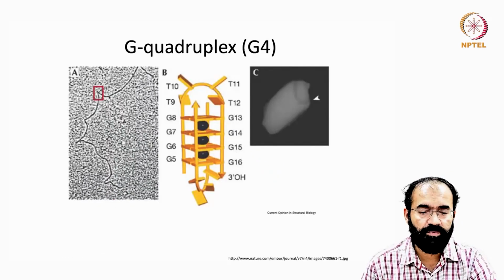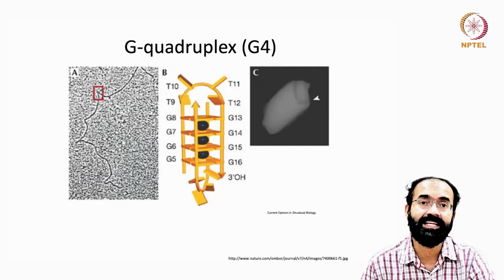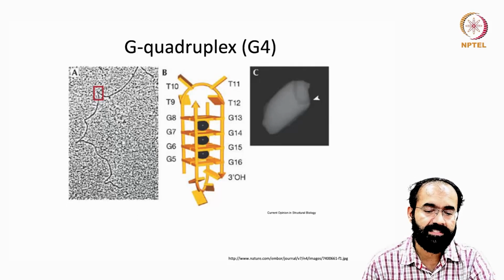The G quadruplex, if you look closely, can be visibly seen under an electron micrograph, as you can see here, and the formation is somewhat like this. The same DNA is folded over and over.